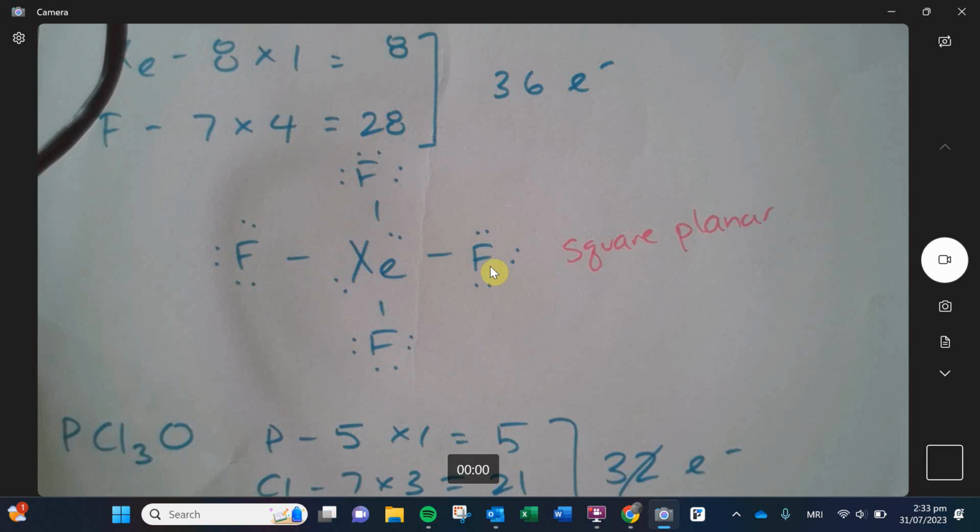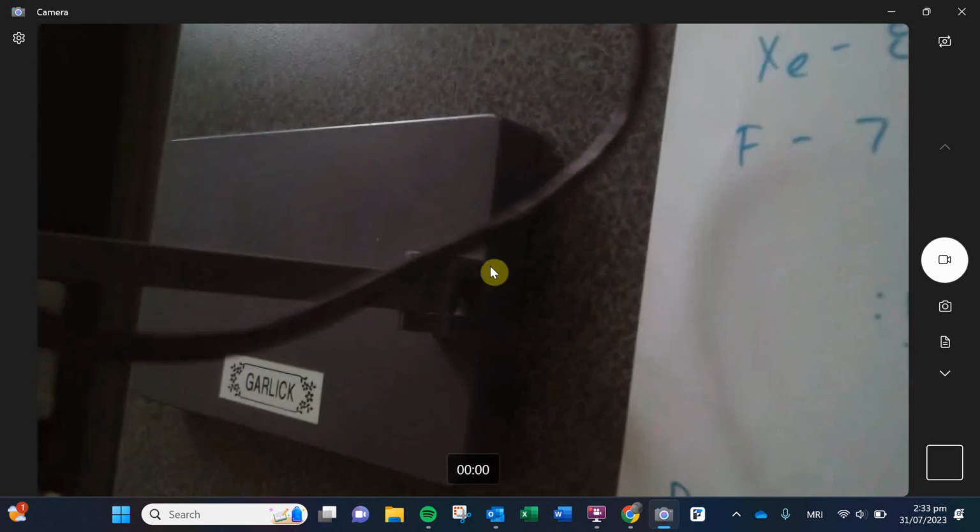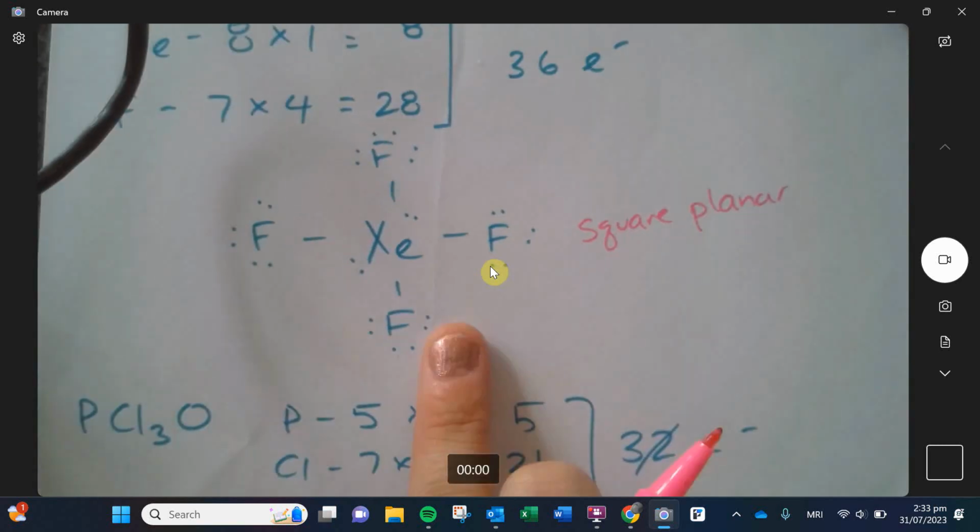So you would justify the shape using VSEPR theory. You'd say, because this molecule has 6 regions of electron density, 4 of which are bonded, it's going to separate to maximize the space of the regions of electron density to minimize repulsion, resulting in a square planar shape.